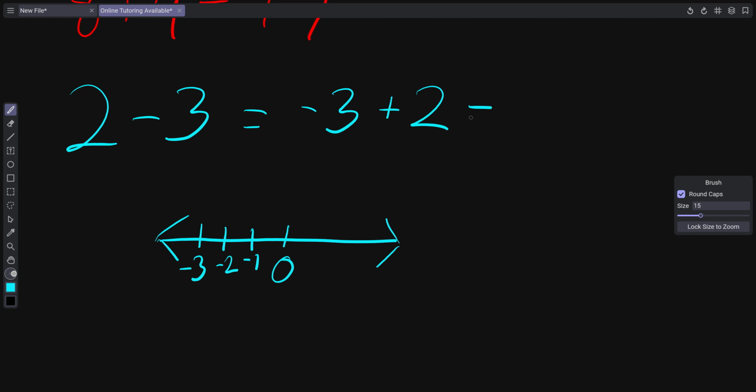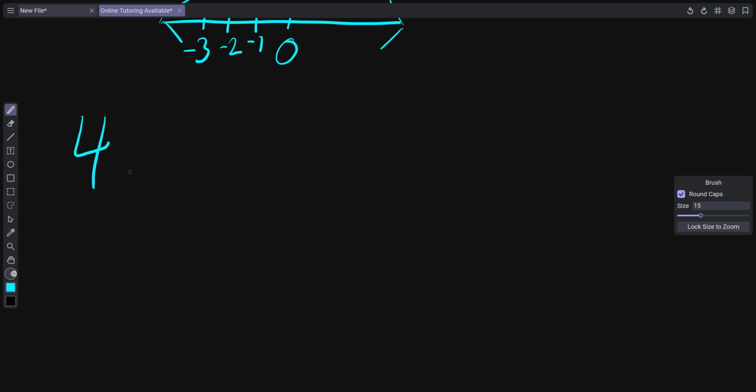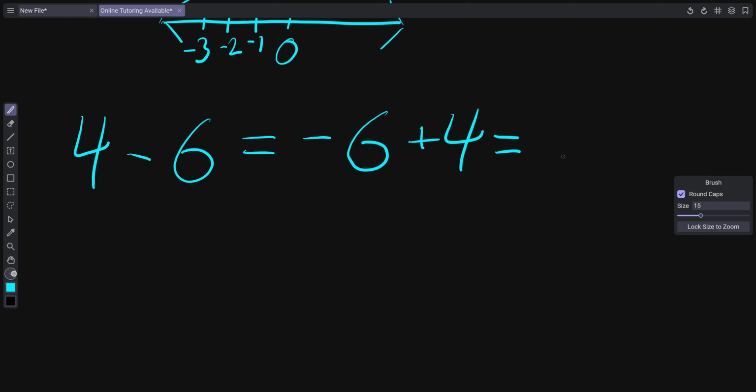And negative 1 is going to be the final answer to this problem. Similarly, if we had 4 minus 6, we could treat this like negative 6 plus 4, and it would seem like we're subtracting even though we aren't really, and this would give us negative 2 as our final answer.